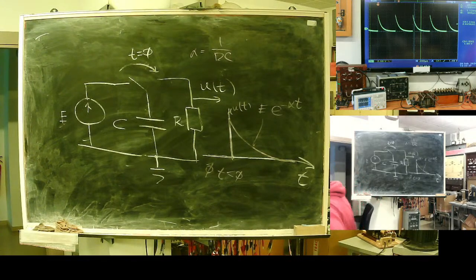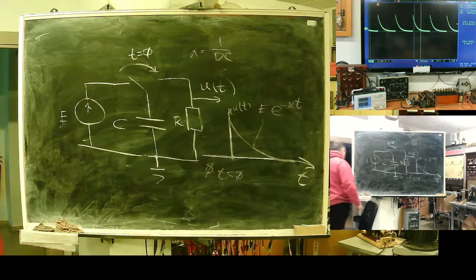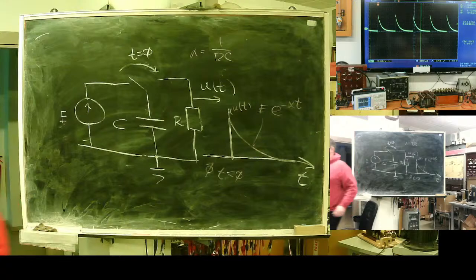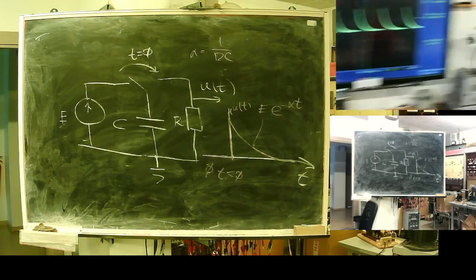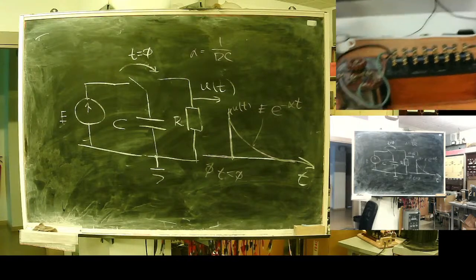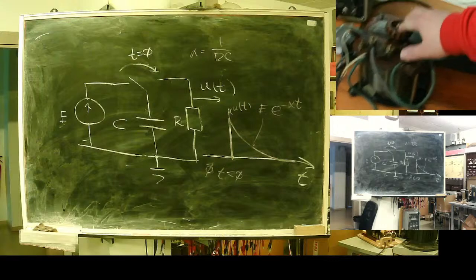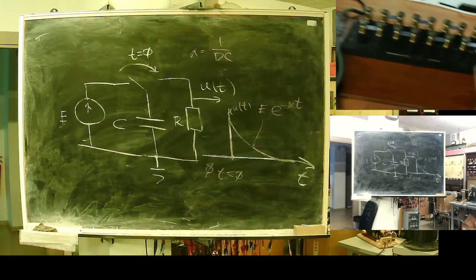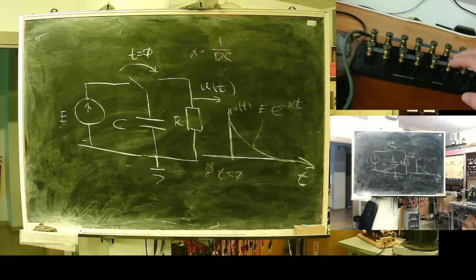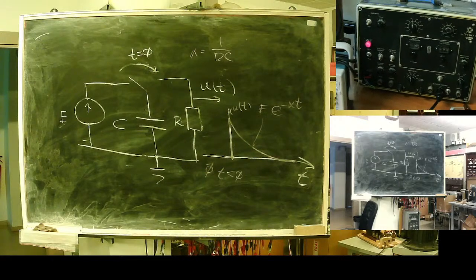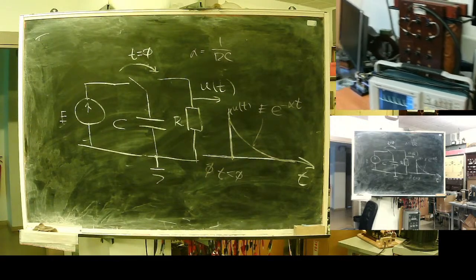I have my test bench. I can bring the camera close. Okay, I have my capacitor. It's adjustable, just 100 years old, and my resistance. But all is powered from this pulse generator. I use a special pulse generator.